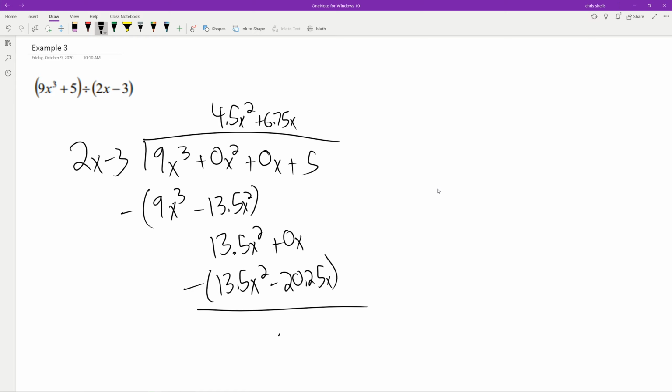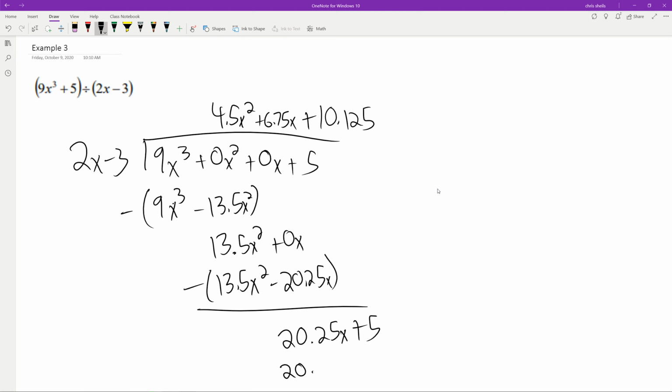I end up getting positive 20.25x. I bring down this plus 5. 2x goes into 20.25x. Let's see, 10.125 times.